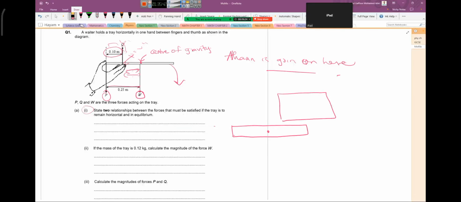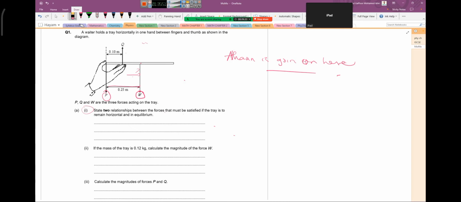Now you see here the tray is being kept at equilibrium. The tray has a weight. The weight will act on the center of gravity. Now the waiter is holding the tray using his thumb, so he is applying a force on the edge of the tray using his thumb.